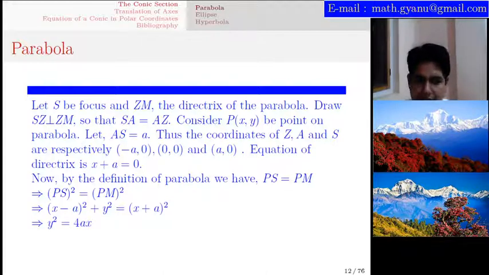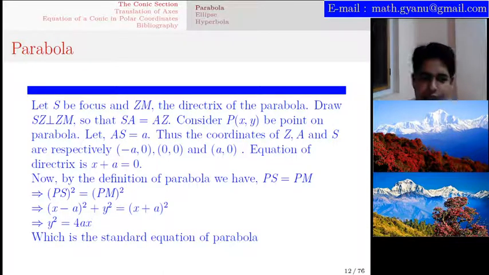Now, after applying some algebraic tools and some simplification, you will see that y squared equals 4ax, and I hope you will be able to derive this equation easily. This equation is known as the standard equation of parabola.